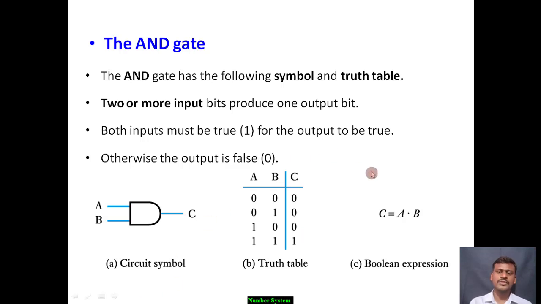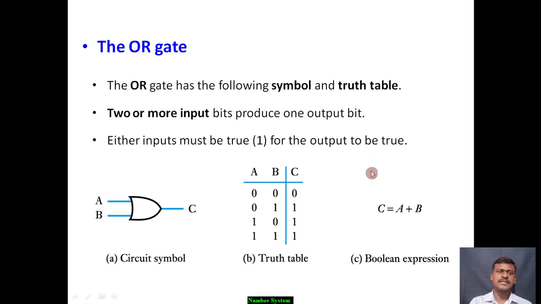Now we will move on to the next gate, that is the OR gate. The OR gate has the following circuit symbol, truth table and Boolean expression. Right? So as we were saying, we can use any number of two or more input bits to produce one output bit.